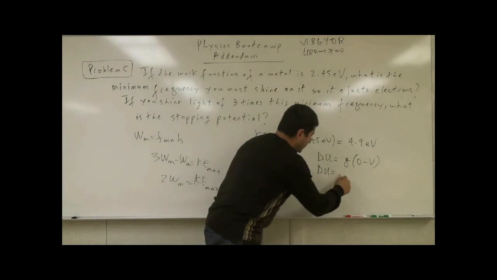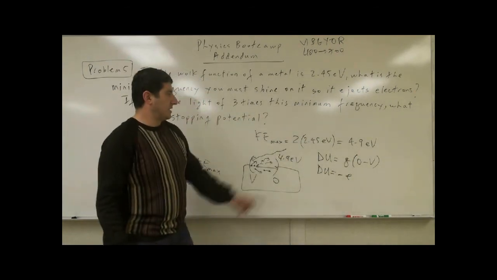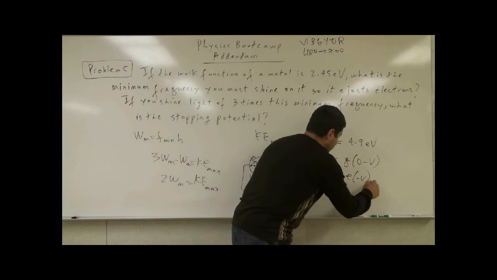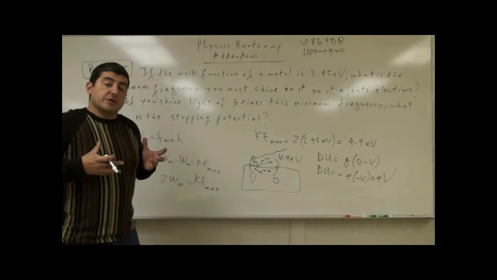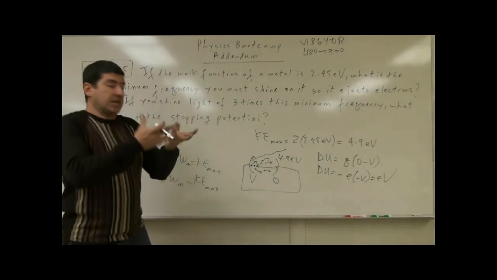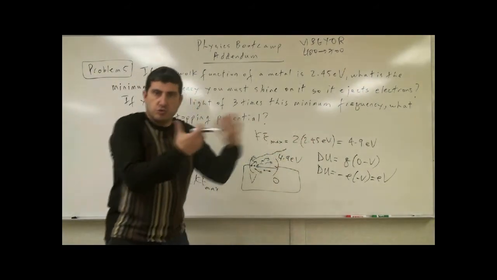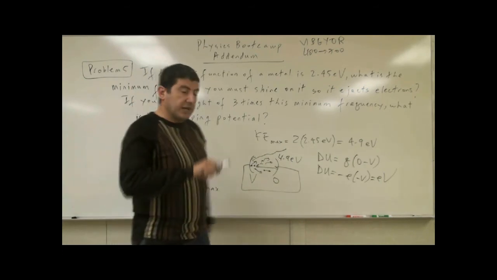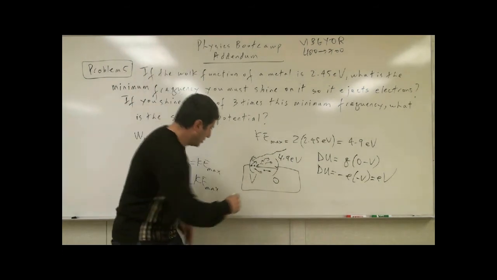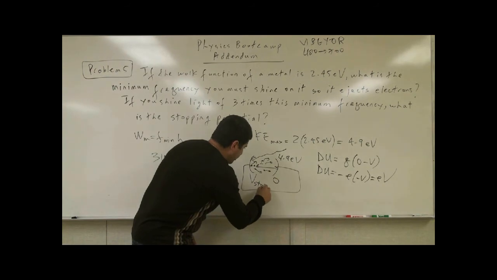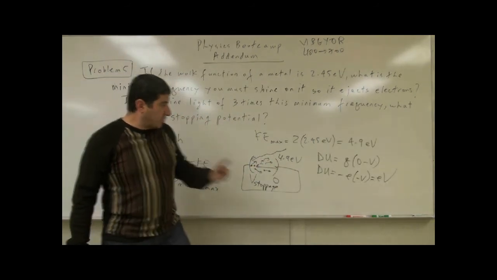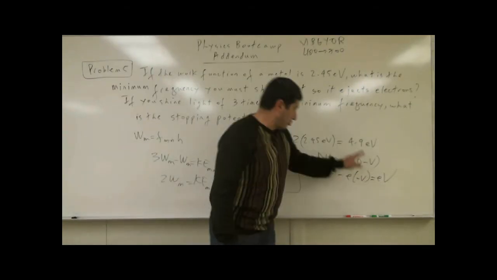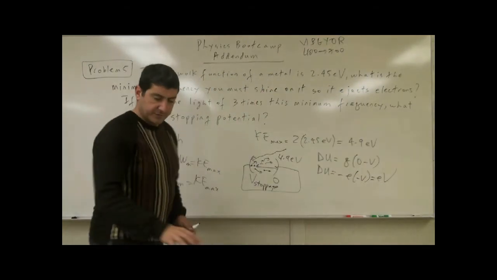The charge of the electron is negative e, times negative V, so eV. The electron gains a potential energy eV, therefore it loses kinetic energy. So if I fine-tune the voltage, and this is called the stopping voltage, V stopping, I can actually set this equal to this, right?